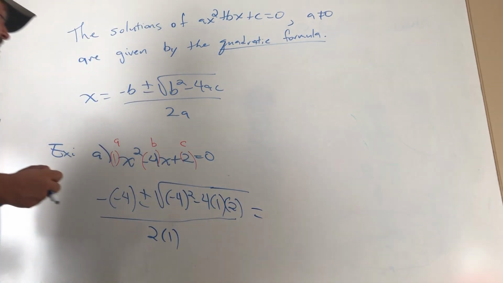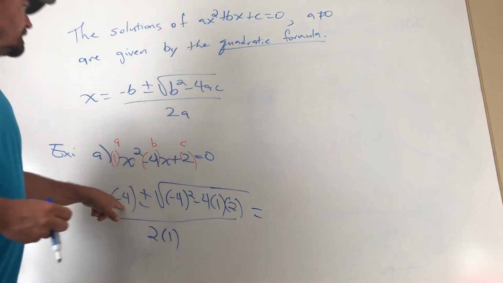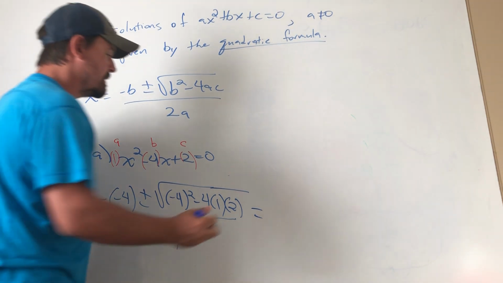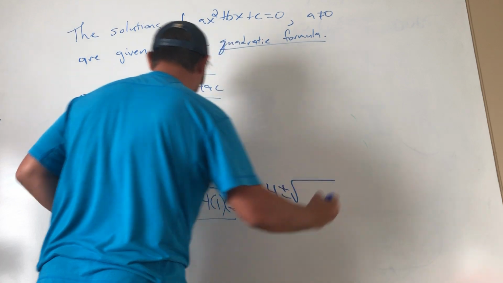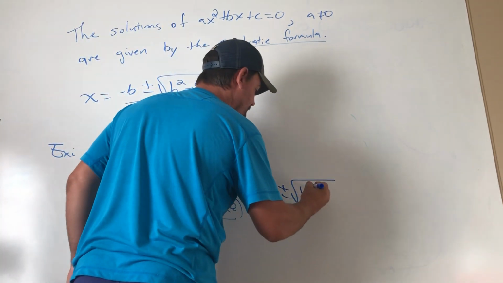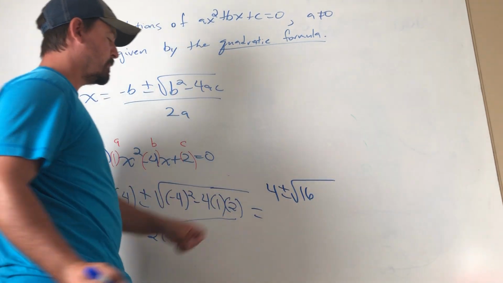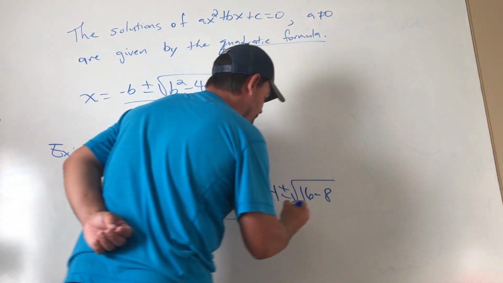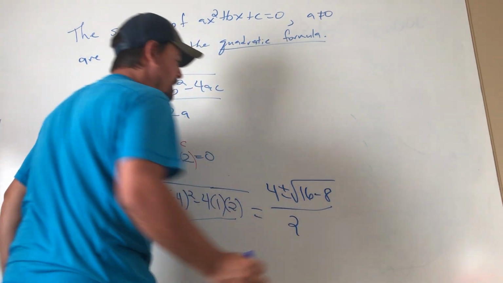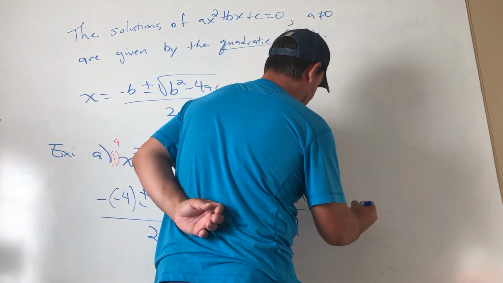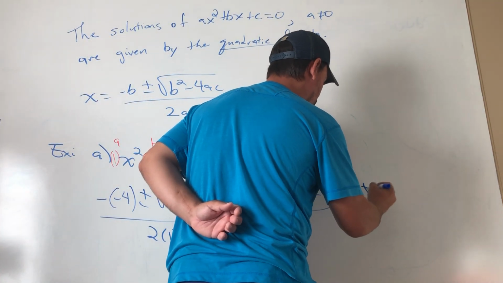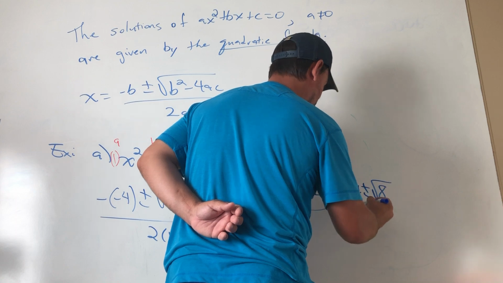So negative 4 here is going to give us a positive 4, plus or minus the square root. Negative 4 squared is positive 16. Negative 4 times 2 is negative 8, all over 2. Now 16 minus 8 is 8. So I get 4 plus or minus the square root of 8 over 2.